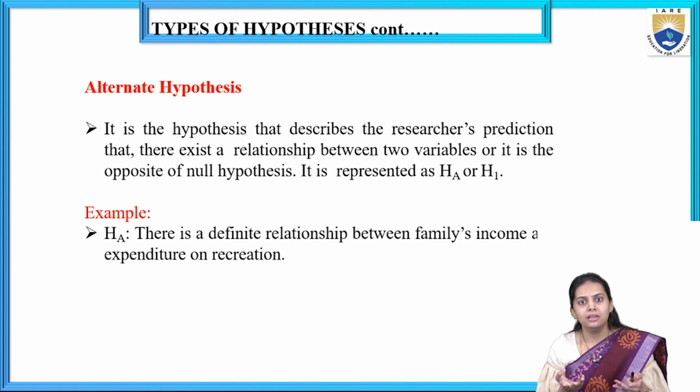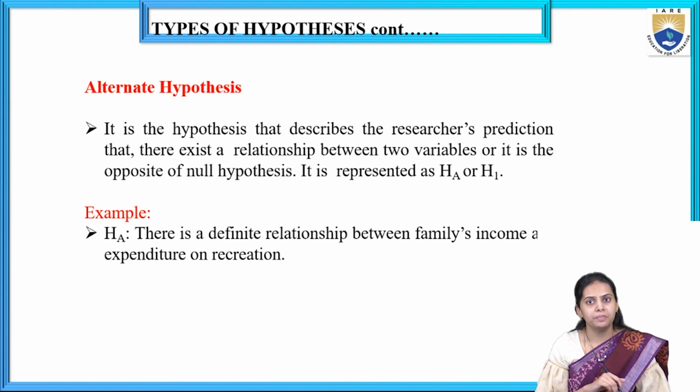Here we are stating that there is a relationship between two variables. So sometimes we can mention the alternative hypothesis as the opposite of the null hypothesis, which is represented as HA. And HA represents the alternative hypothesis: there is a definite relationship between a family's income and expenditure on recreation.